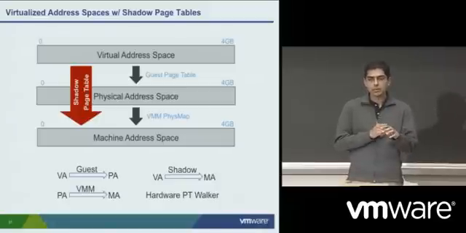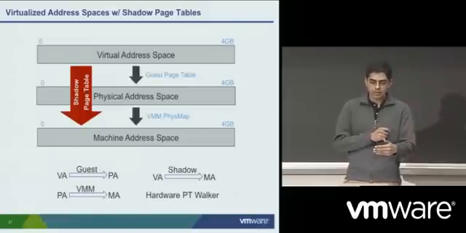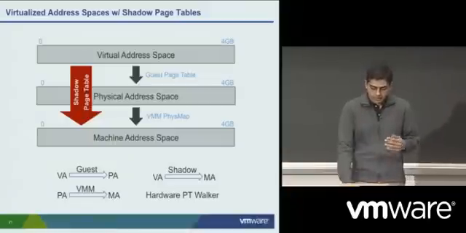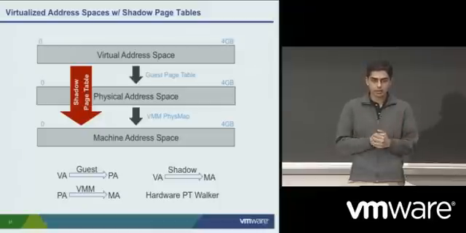And the shadow page table would keep shadowing what the guest is doing in terms of its own page tables, and in terms of what the VMM translates from physical address to machine address. This shadow page table is a data structure that has to be actively maintained and refilled by the virtual machine monitor.